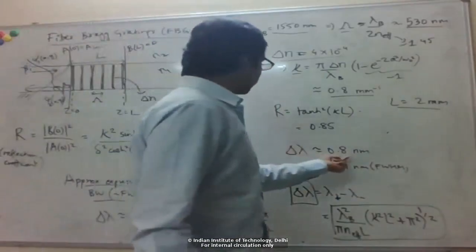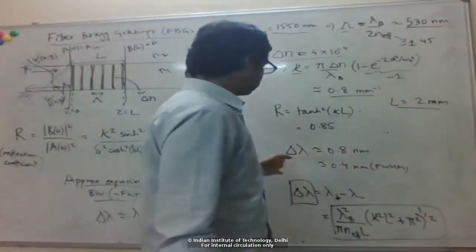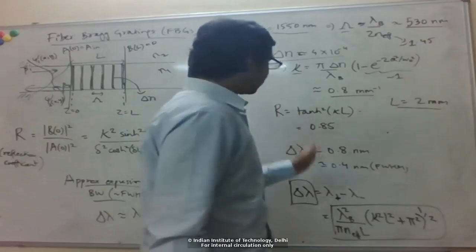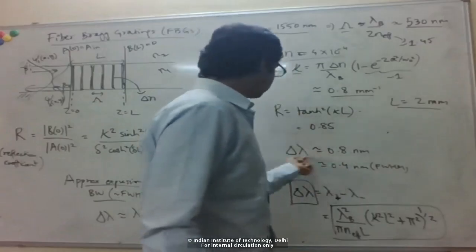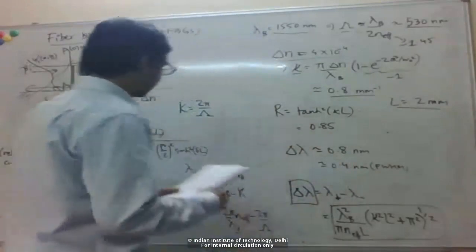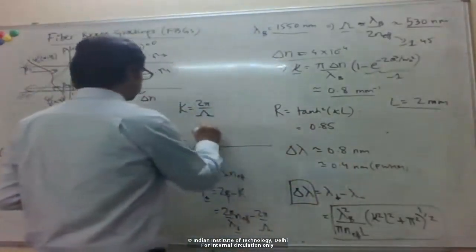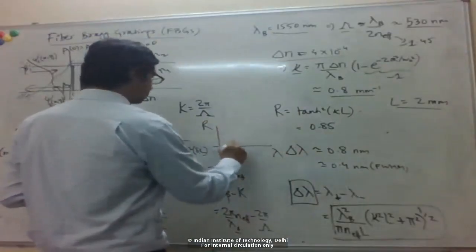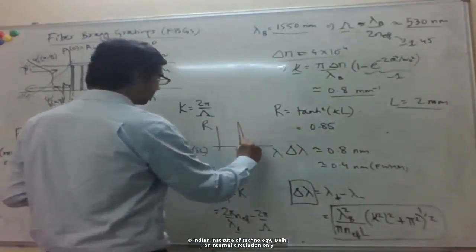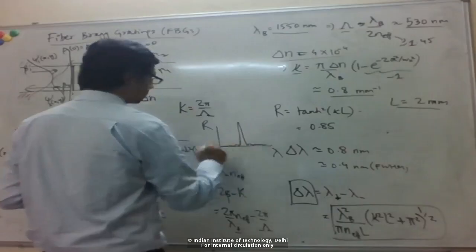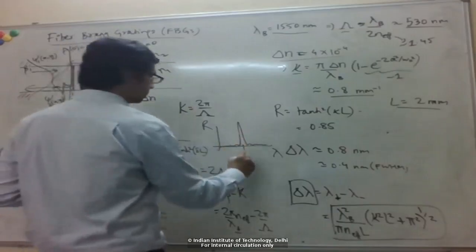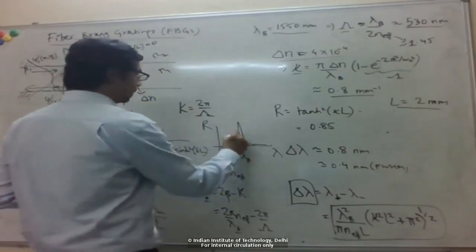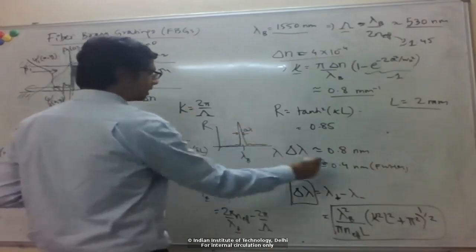So typically you can get reflection at particular wavelengths, right? You can see delta lambda is quite small here. So basically, if you plot reflected power versus wavelength, you get a sharp peak at lambda p, and this delta lambda is typically very small.